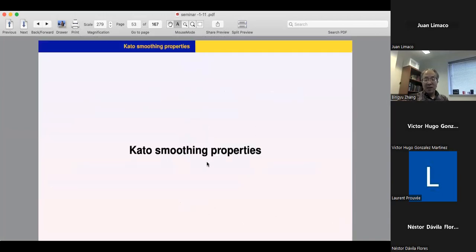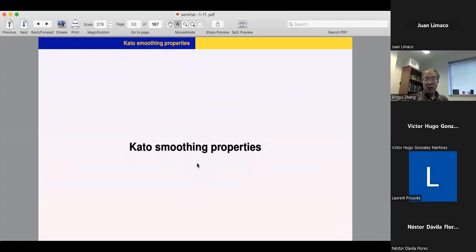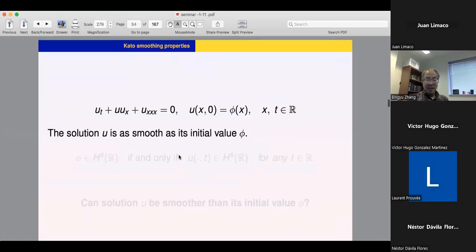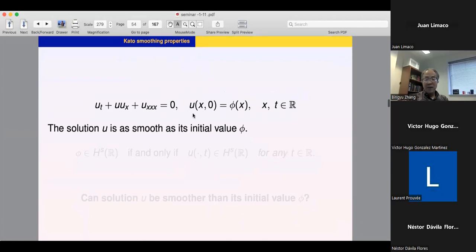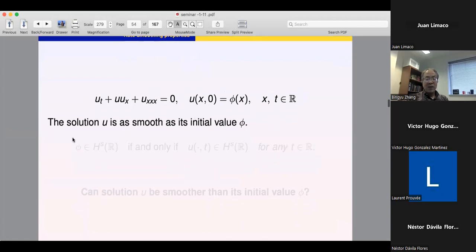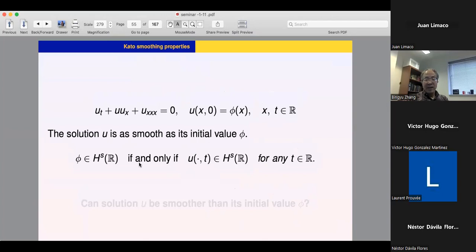Next, we consider Kato smoothing properties. Consider the Cauchy problem of the KdV equation on the whole line. We know the solution u is as smooth as its initial value phi. That means the initial value belongs to H^s(R) if and only if u at any time belongs to H^s(R).